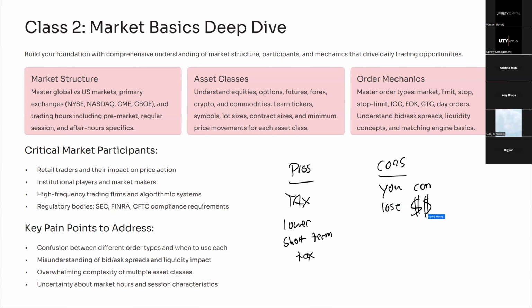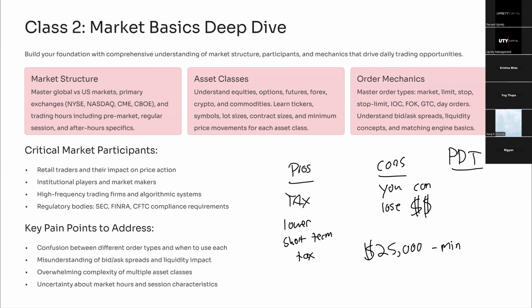The reason for this is there's this thing called a PDT rule. Pattern day trading means that you need to have $25,000 in your account minimum to be able to have unlimited day trades.